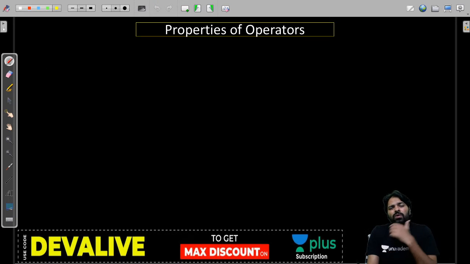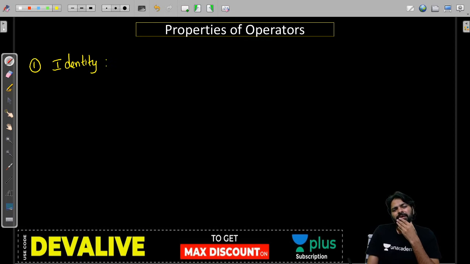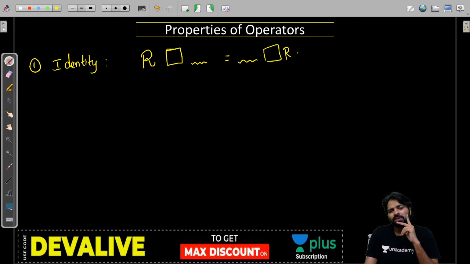Okay, properties. What properties are we going to learn? Let's start one by one. Start with identity. If you have any regular expression R and any operator, either star or dot, it doesn't matter, and you put something in a box with R, so that box R is equal to R. Don't assume it's just a star, assume any operation.